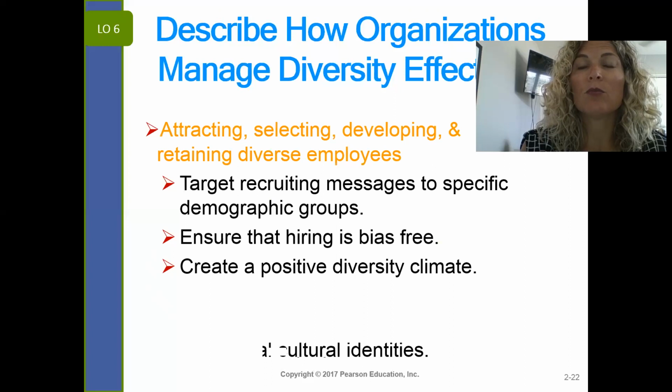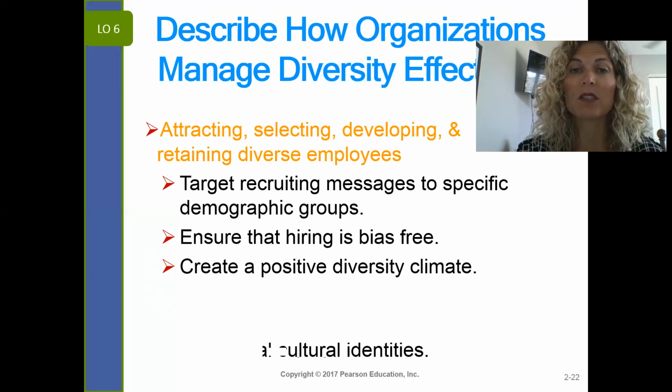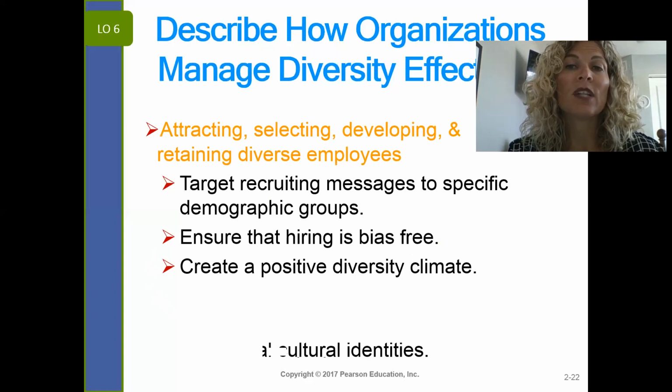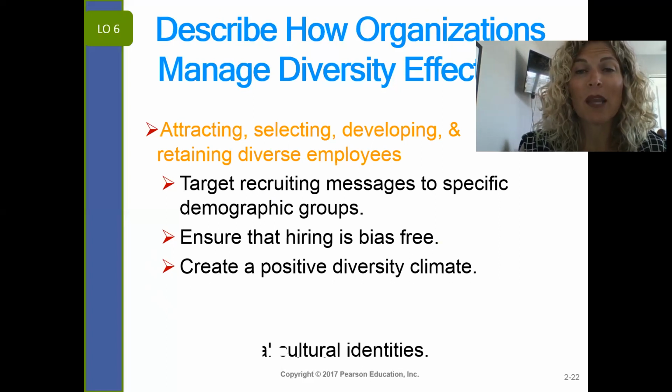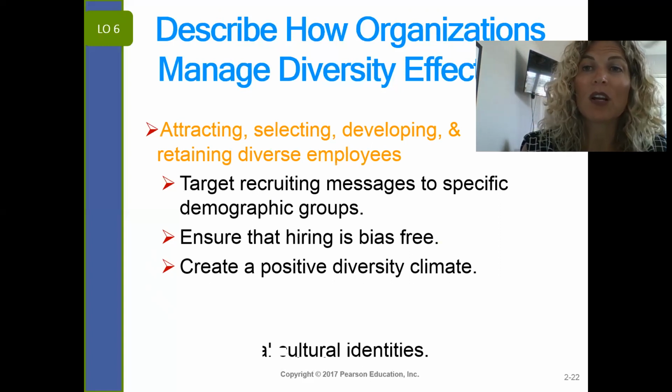I can go to more diverse sources to get different types of people to even be aware that there is an opening, so they can apply to these positions. I can also make sure I'm training my employees and managers to hire based on job-related factors and be bias free, which will help create a positive diversity climate, right?